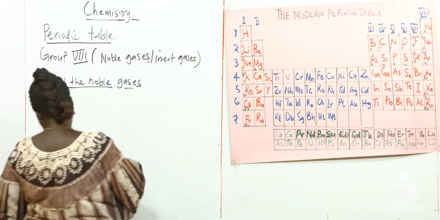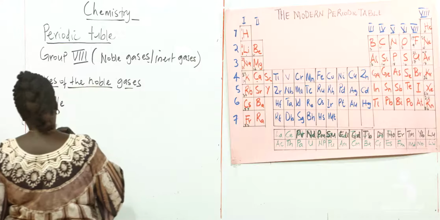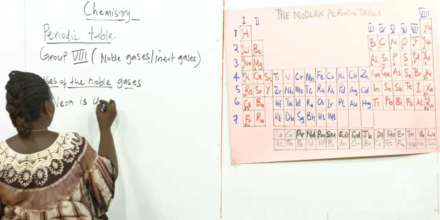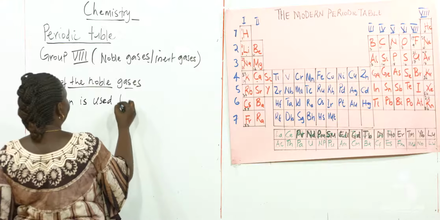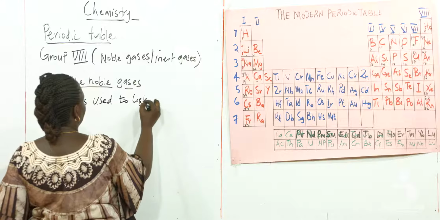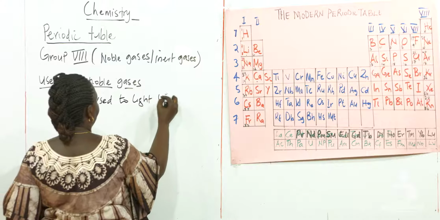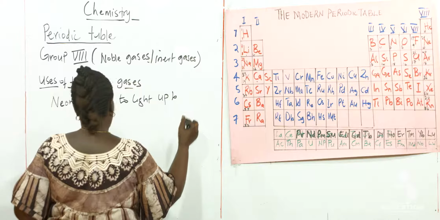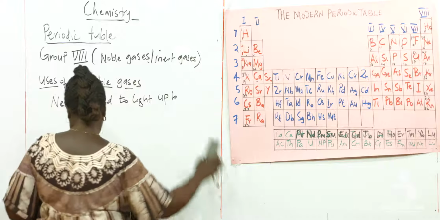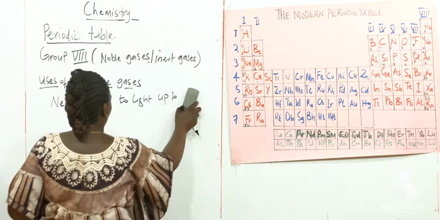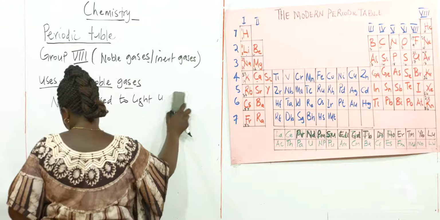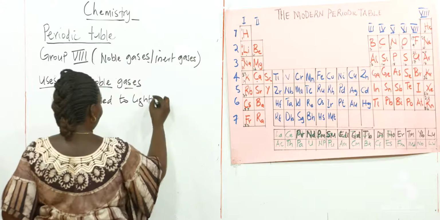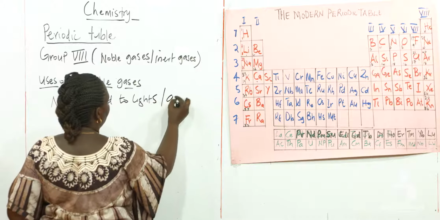Then we have neon, which is used to light up bulbs. It is used in lights of advertisements, lights that are used for adverts.